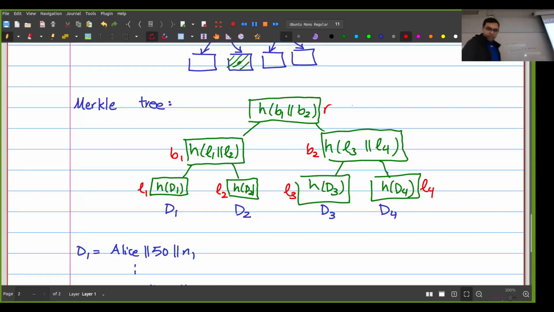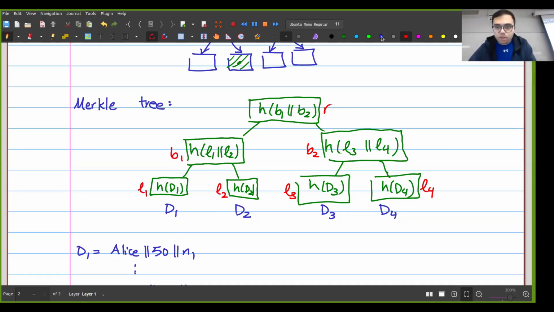Let me just clarify something here. I have a bunch of pieces of data, and all of these are strings, D1, D2, D3, D4. I'm taking the hash of D1 and calling that L1, so L1 is also a string. L2 is just the hash of D2. I then take these two strings, concatenate them, take their hash, and call that B1.